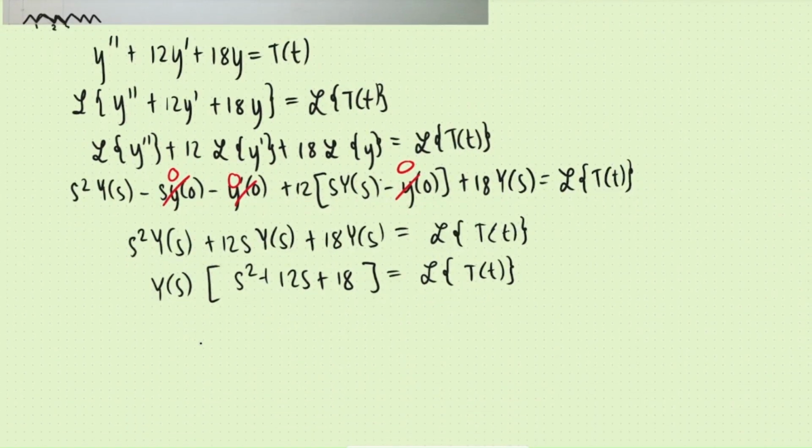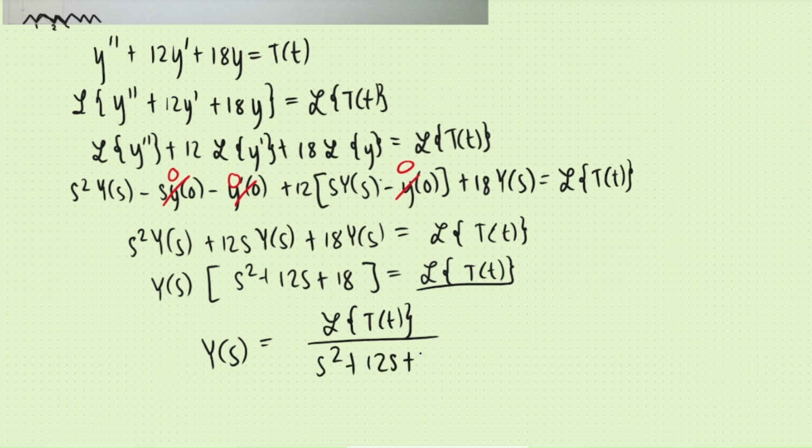But it's not complete yet because we still haven't solved for Laplace of our periodic function. We're going to solve for that one, and it's a lot of work. Okay, so you see some patterns, right?